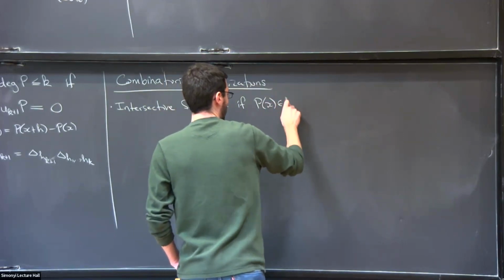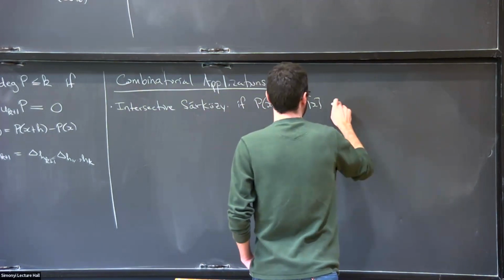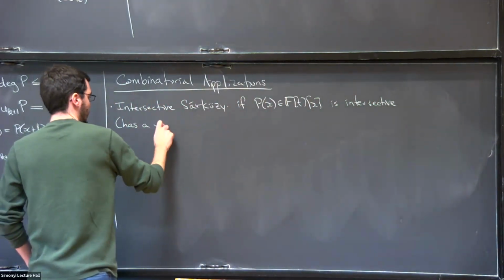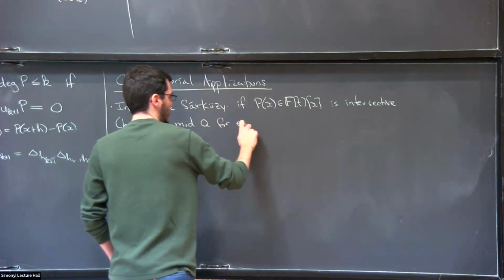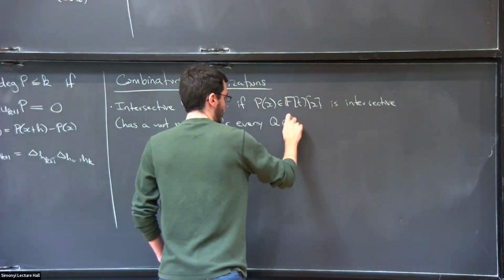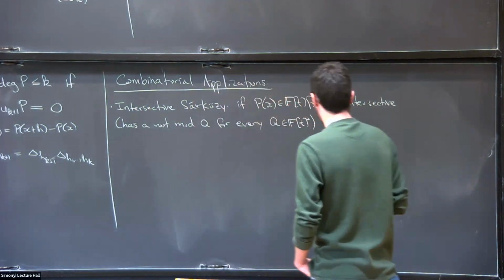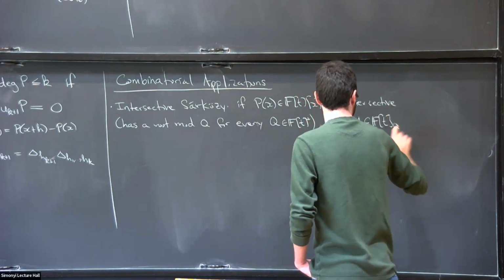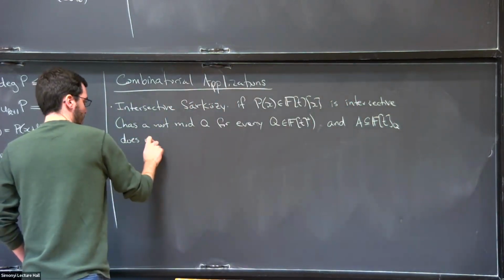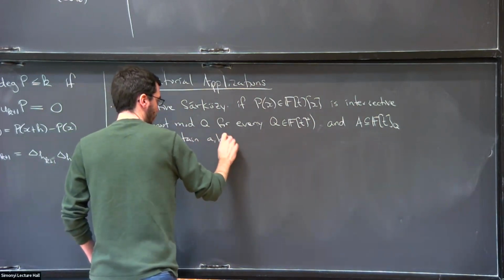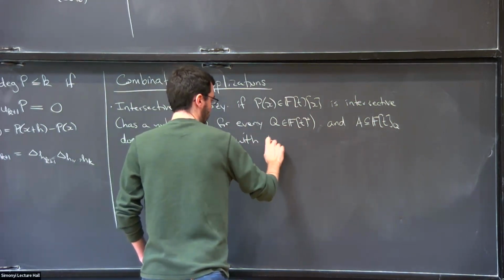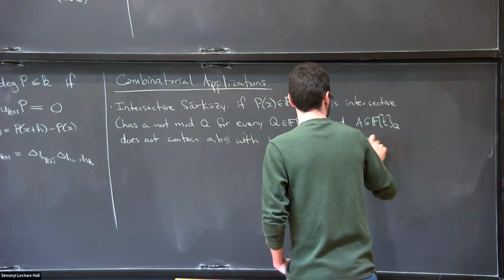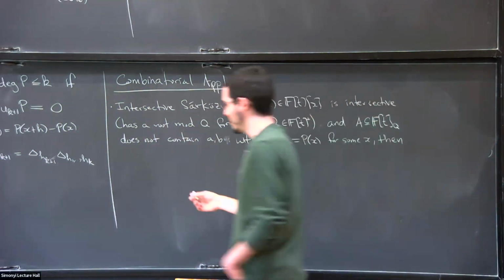So if I take a polynomial that is intersective, meaning it has a root mod q for every monic polynomial q, and then I take a subset of one of these quotient rings that does not contain 2 points whose difference is a value of this polynomial, then the set can't be very big.